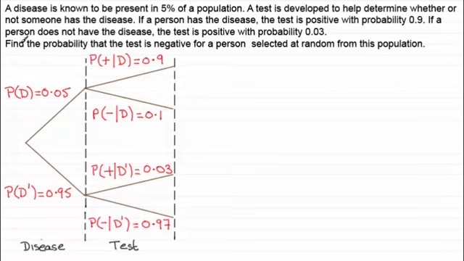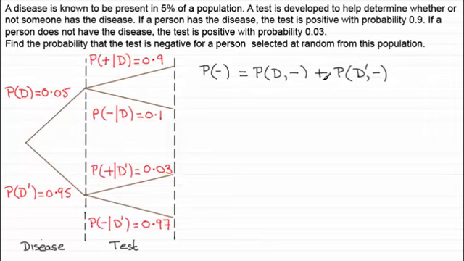And so when it comes to finding the probability that the test is negative for a person selected at random from this population, you'd write something like this. The probability of testing negative is equal to the probability of D followed by being negative. That's this line here.